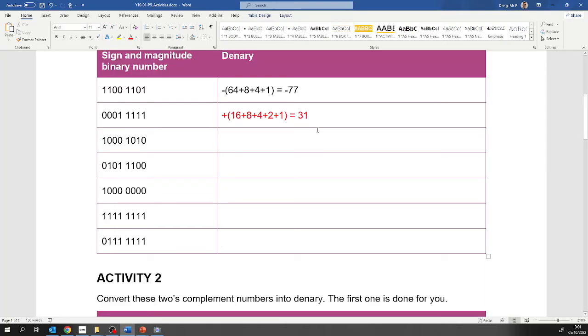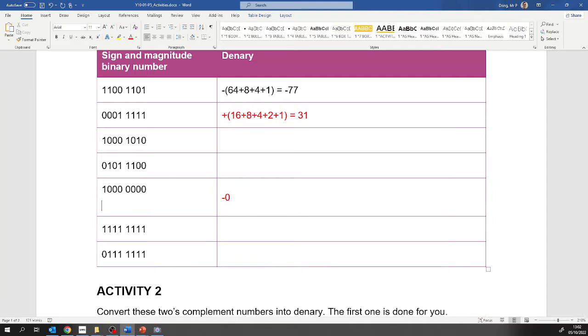So we said that there is a reason why sign and magnitude is rubbish, and it's because binary addition doesn't work. But there's another reason why it's rubbish, and this is it. If you look at this, that is 0. But if you look at the most significant bit, it's a 1. That tells us it's a negative 0. Which is weird, really, because 0 is neither positive nor negative mathematically.